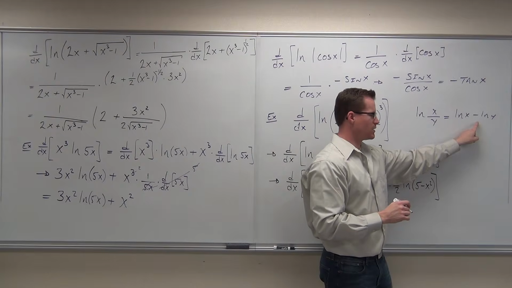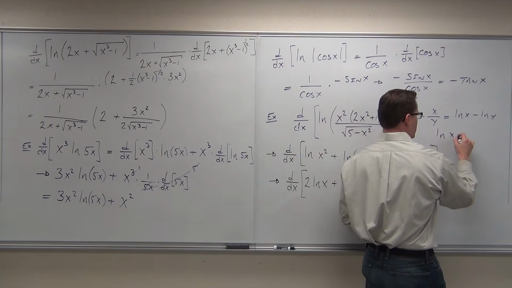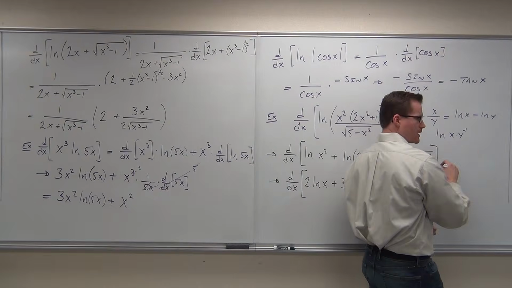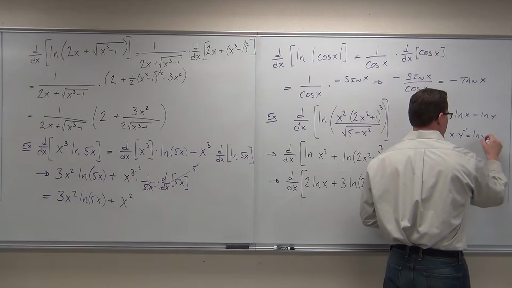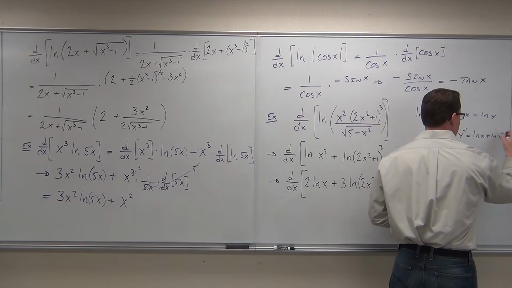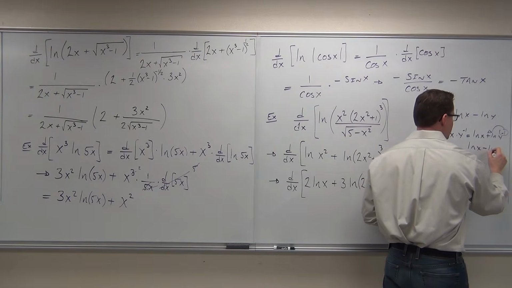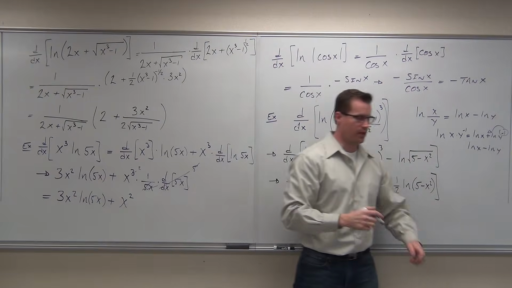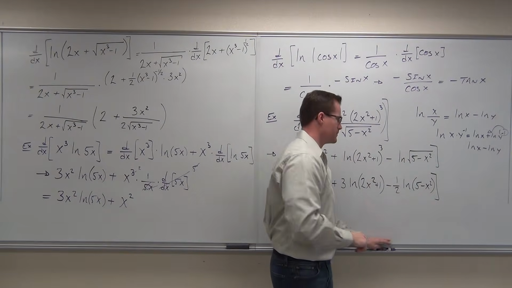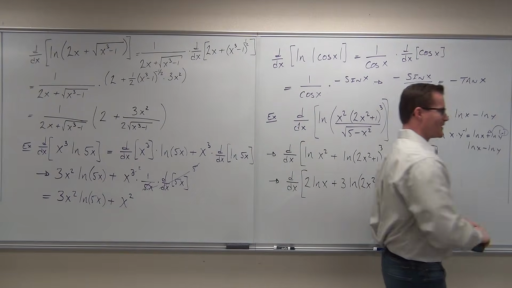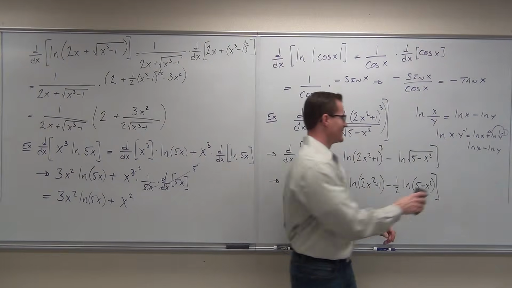Do you see why? You could actually write this as ln of x times y to the negative 1, correct? You can separate this into ln x plus ln of y to the negative 1. That's an exponent. That goes down in front. ln x minus ln y. That's why that works, okay? That's actually a little proof for you. Didn't want to have to show that, but there you go. Does that make sense? Yeah. Okay.